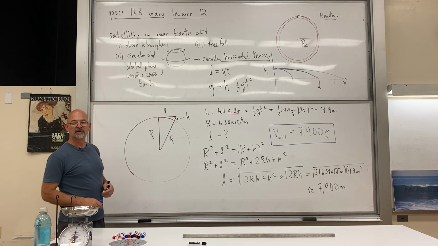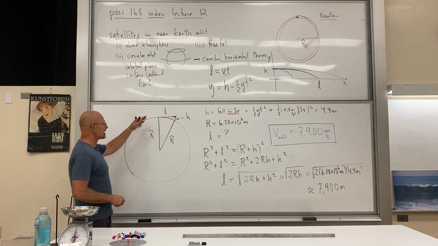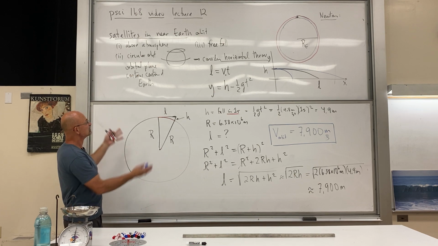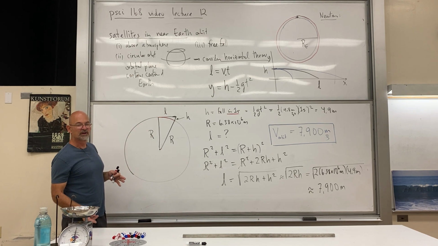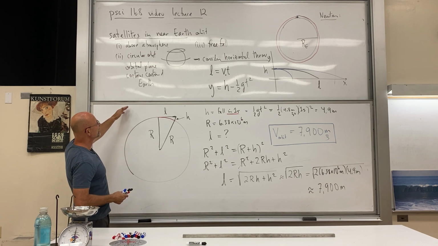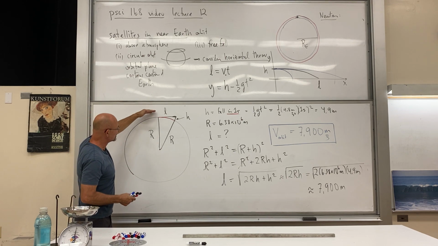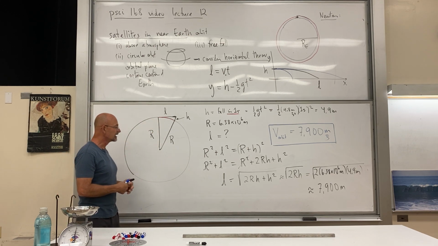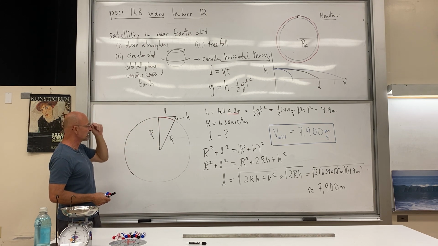I don't know what we're going to do this year, but in the past I've always assigned it, and people would actually just memorize, well, memorize is the wrong word. You actually have to learn this so you can repeat it, and you see the various pieces, and then this calculation with the Pythagorean theorem. But we've done everything in this calculation so far.